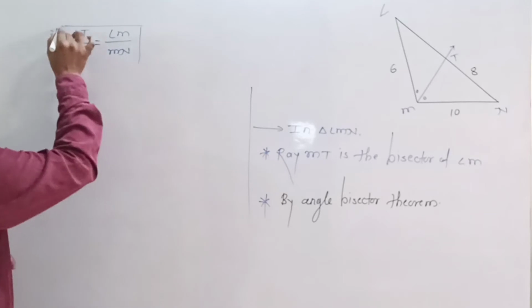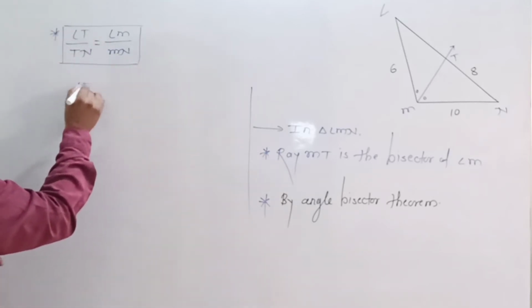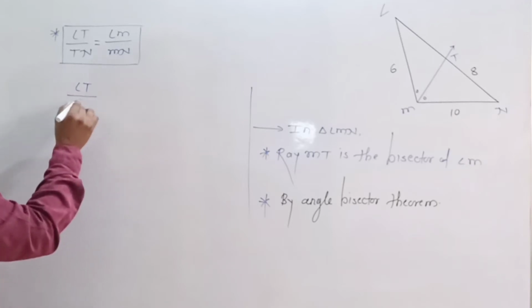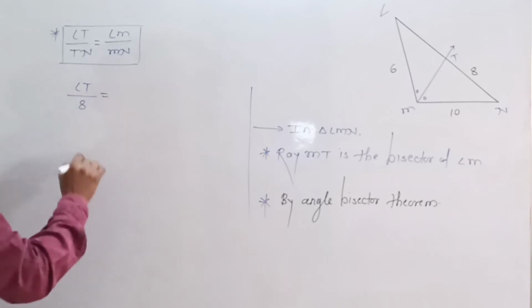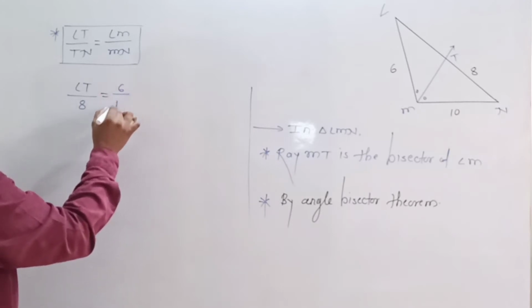Okay, so let's put down the values here. LT we have to find out, so keep as it is, upon TN is given, that is 8, LM is given 6 upon 10.